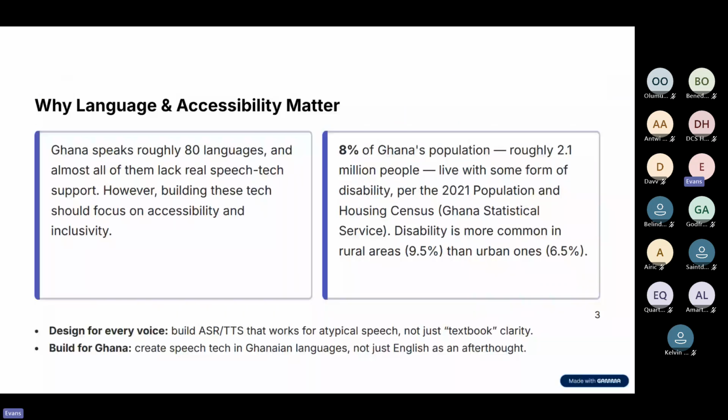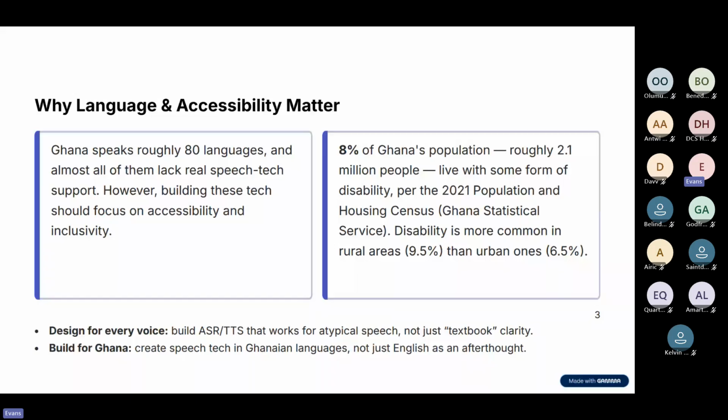So why do language and accessibility matter? There are roughly 80 languages in Ghana, and when we look at our current technologies in the market, most of them fail to integrate our languages in their framework.